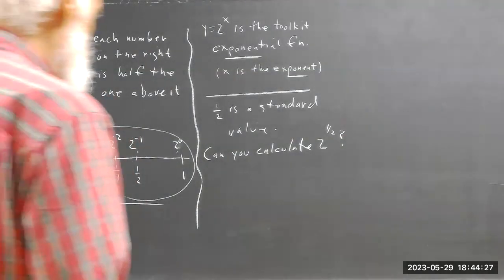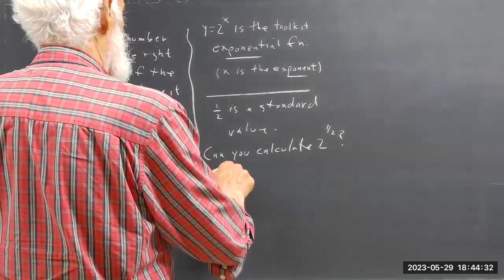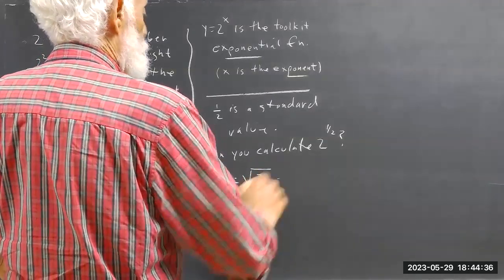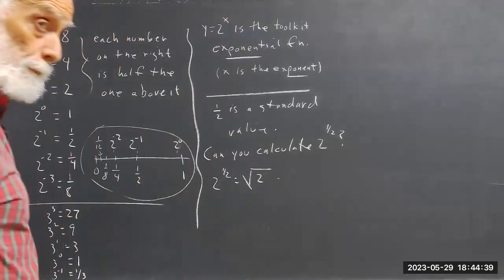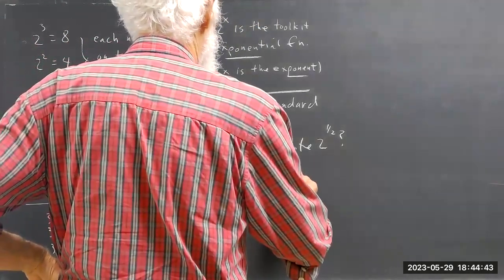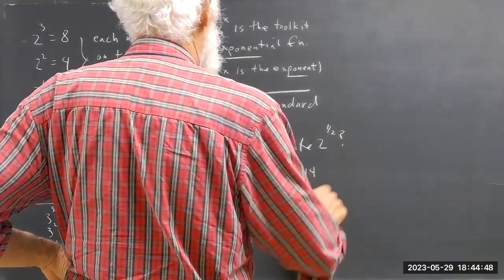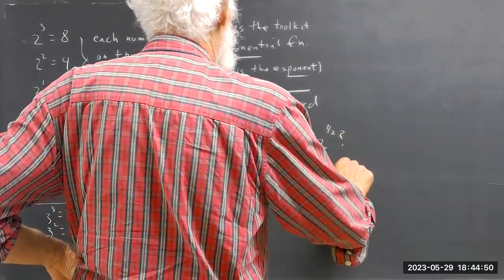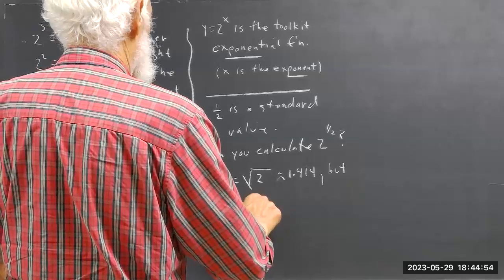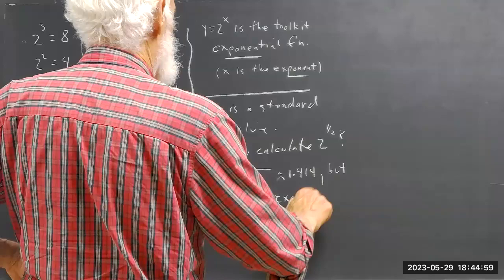Well, you should be familiar, you might not be, but you should be. Two to the 1/2 is the square root of 2. Okay, and we can approximate that. But this isn't exact.